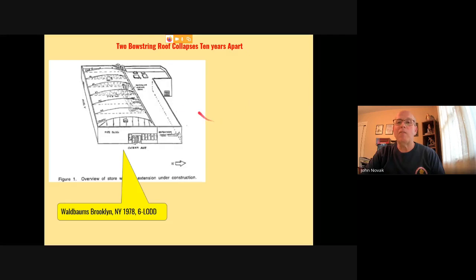So at the Wallbound fire, with the bowstring trusses, there was a rain roof, an additional roof put on over top of the original roof because of water leaks. So there was a ventilation nightmare. You have large areas of storage space up in here. You could walk into this building.